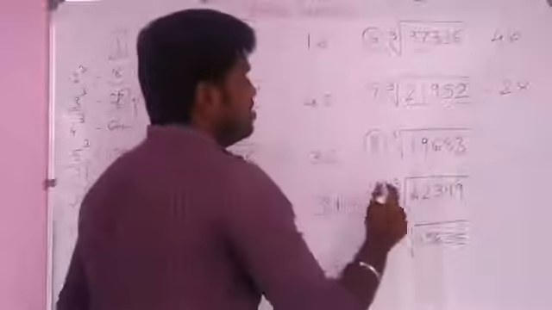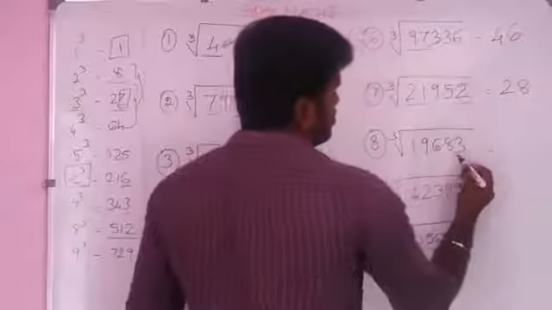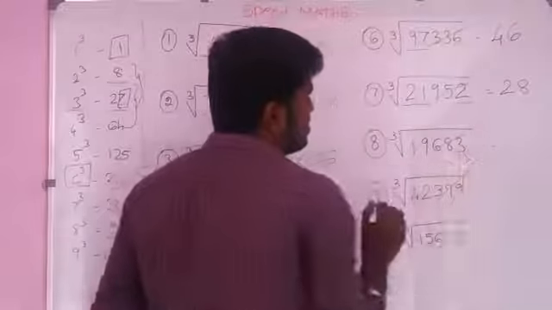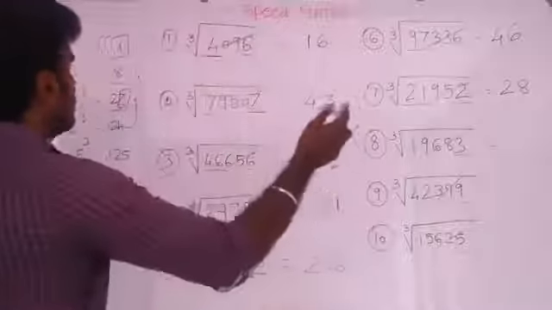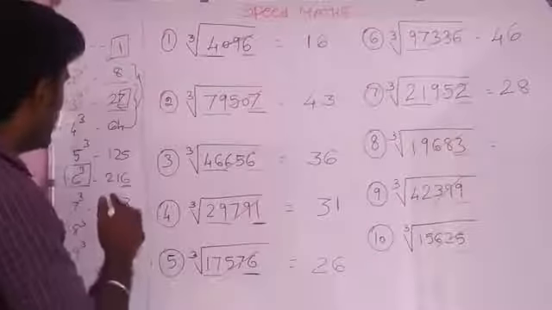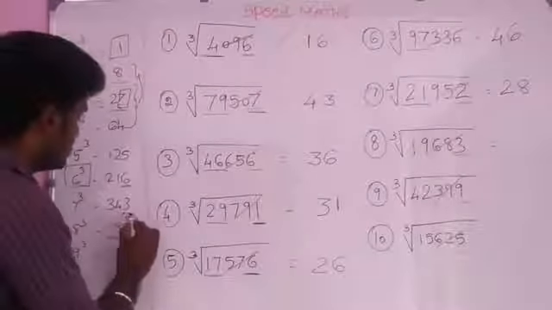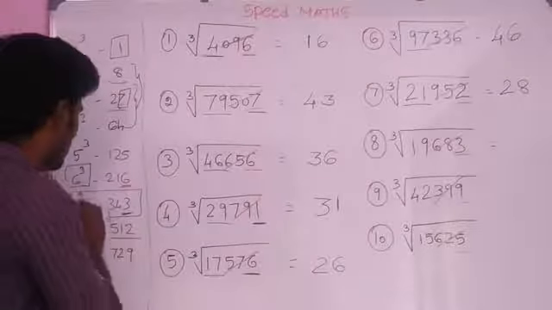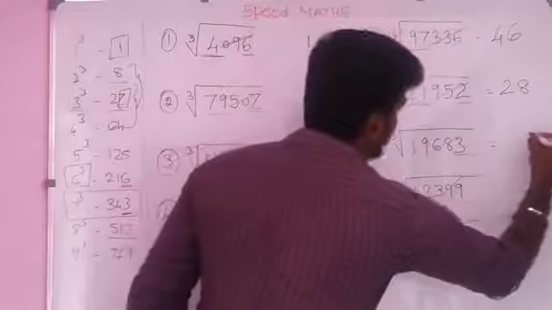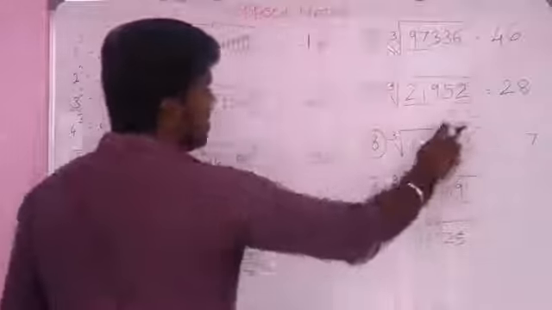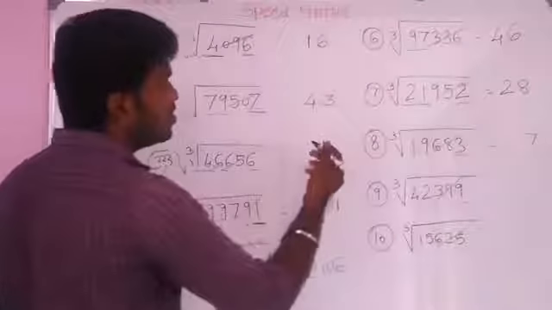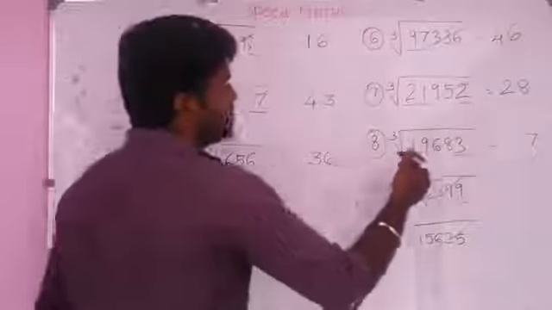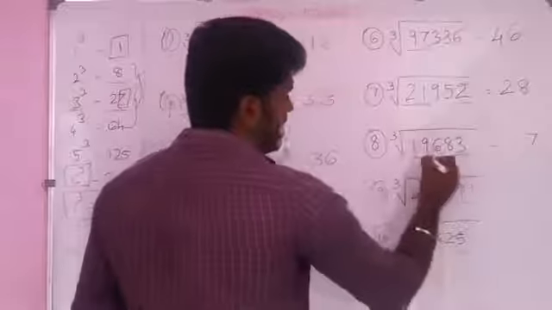And another question, just look at the last digit, that is 3. Compare the value 3 with the cube values which have last digit 3, that is 7 cube, 343, so we take 7 and omit the last 3 digits because it is a cube root, and the remaining value is 19.